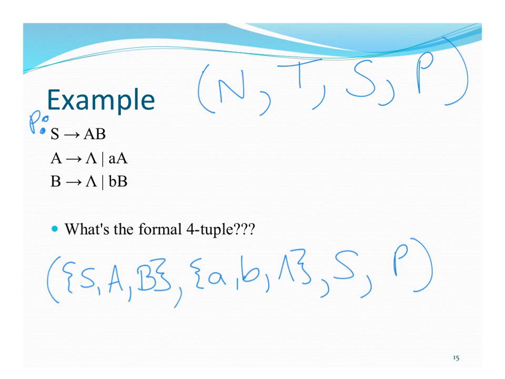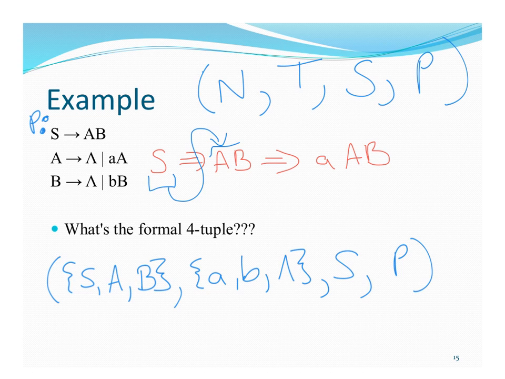And we can see that we could get strings like ABB out of this, right? Because we could say something like S goes to AB, which goes to AAB, right? Because I'm going to take that S, expand it into AB, take that A, turn it into AA, right?